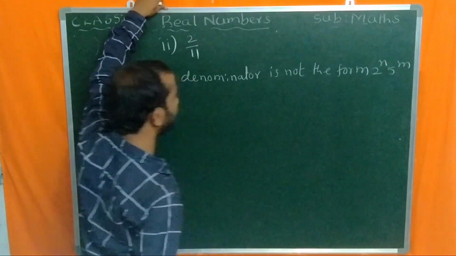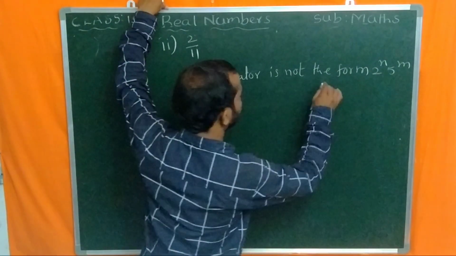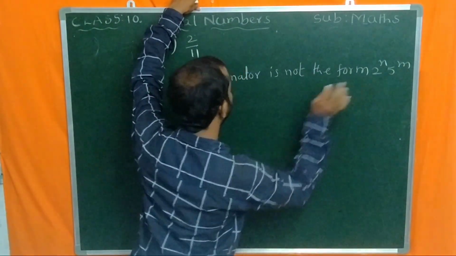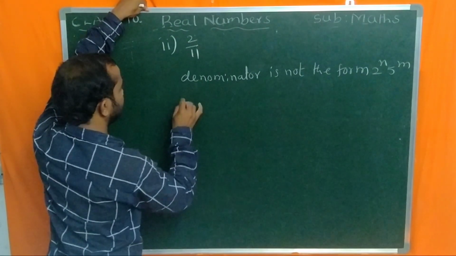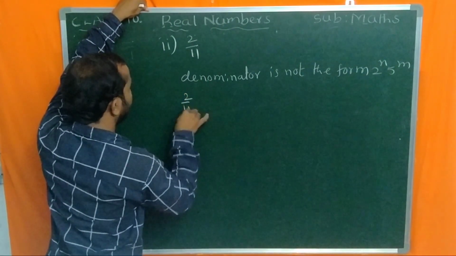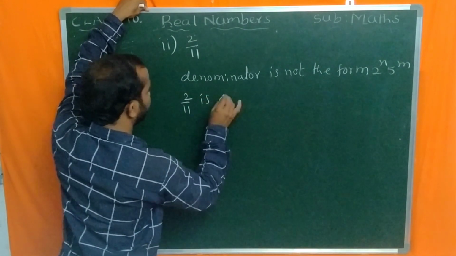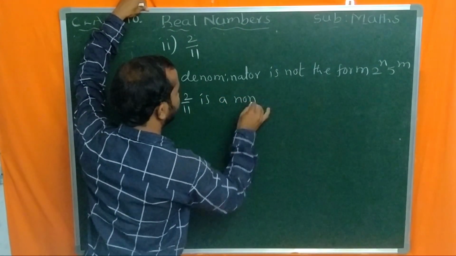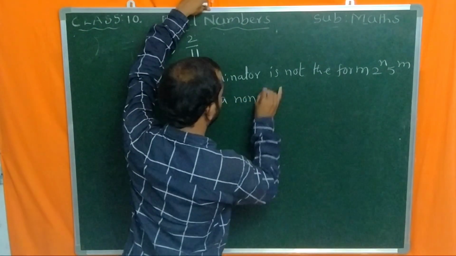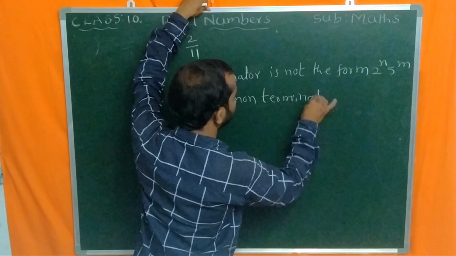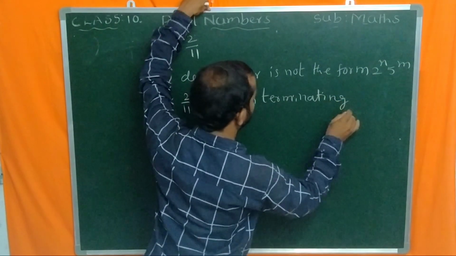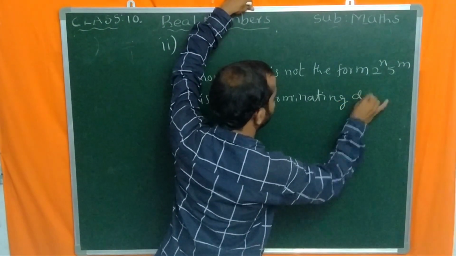The denominator is not of that form. So 2 by 11 is a non-terminating decimal.